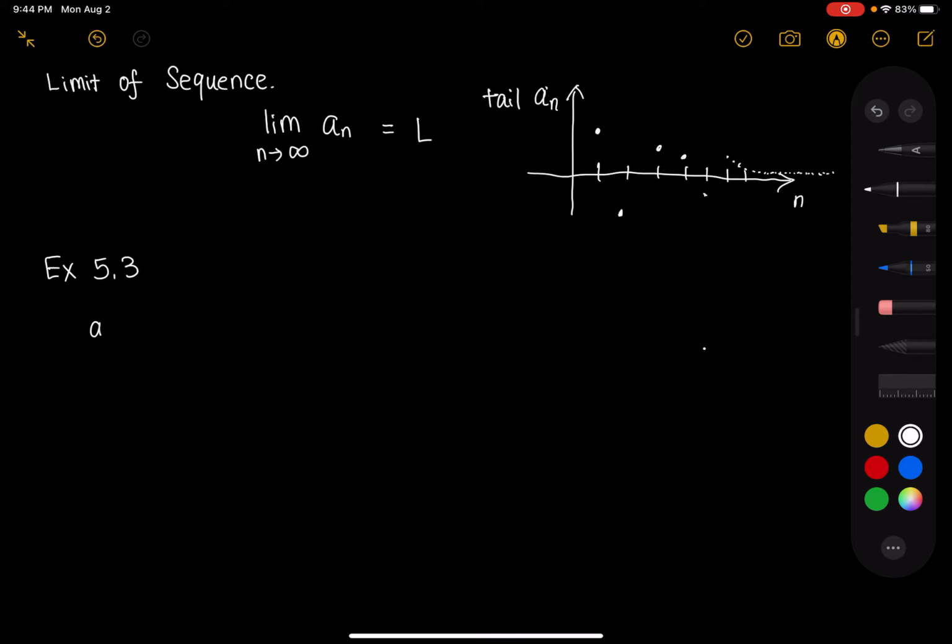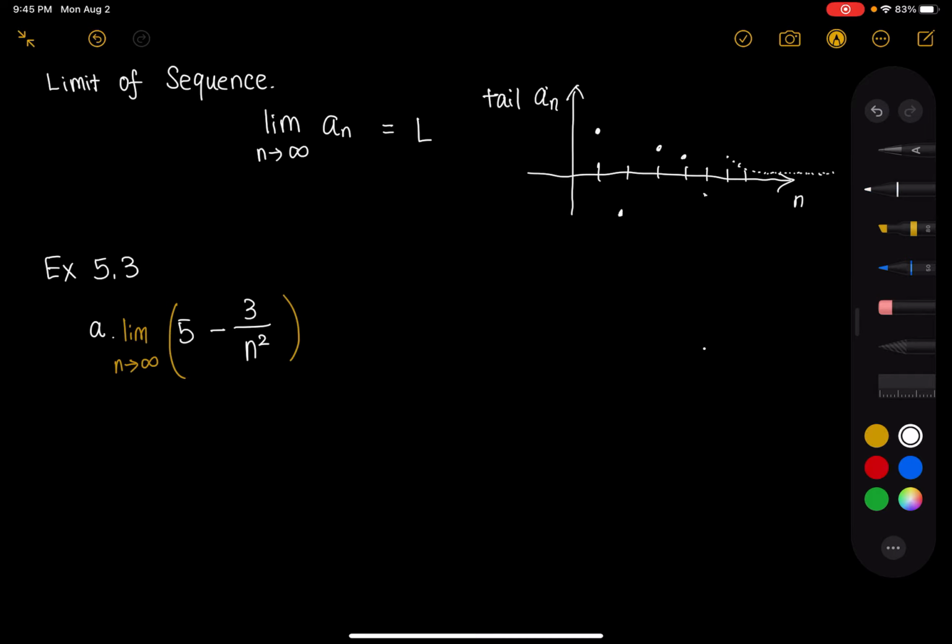So for part A, we have 5 minus 3 divided by n squared. In order to find out whether it's convergent or not, we just need to find whether there's a limit. So we take the limit of the nth term formula as n goes to infinity.